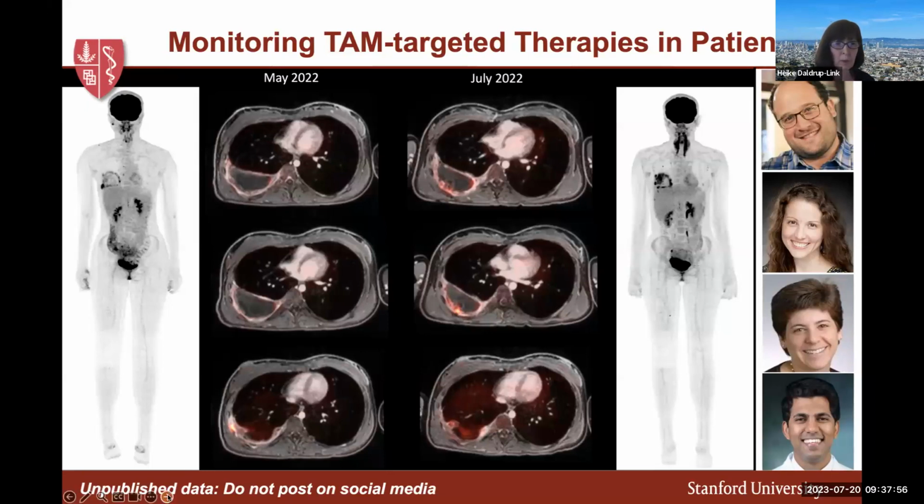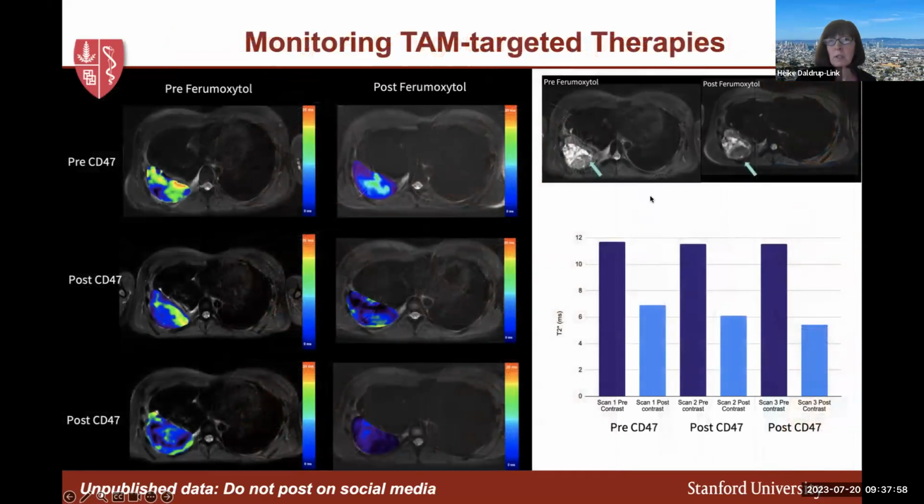Here you see T2 weighted scans, and first of all, you can see that the lesion is much more complex than we would have thought, either based on the T1 weighted scan or based on the PET scan. This is the pre-ferumoxytol scan, this is a post-ferumoxytol scan, and you see a marked negative signal enhancement of these tumor nodules in this lesion, indicating uptake by macrophages.